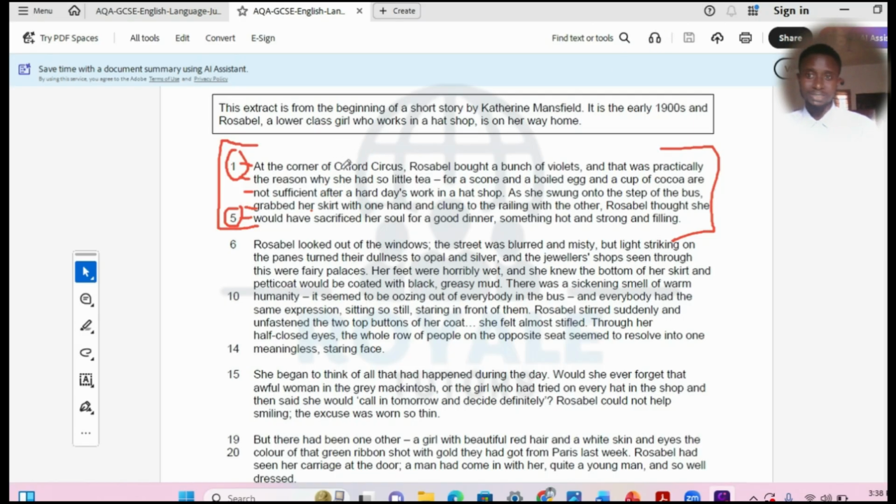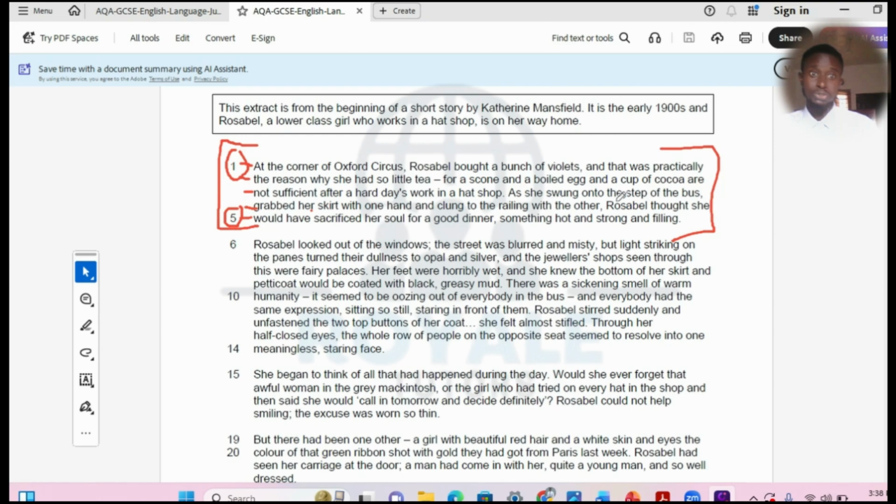Let's read the text. At the corner of Oxford Circus, Rosabel bought a bunch of violets, and that was practically the reason why she had so little tea. For a scone and a boiled egg and a cup of cacao are not sufficient after a hard day's work in a hat shop.